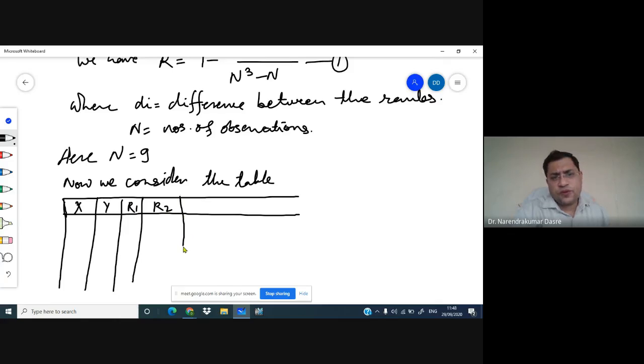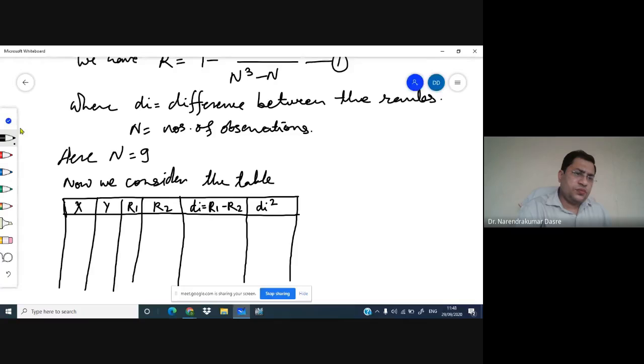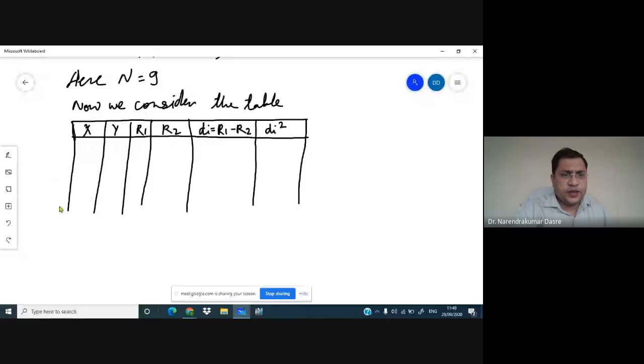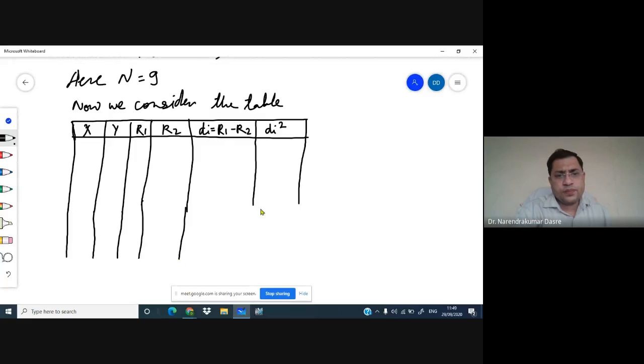Then we have here di equal to R1 minus R2, and we want di square. So we are interested in this di square. This is the term of our interest. So let's have this table. I hope you are calculating this table with me.